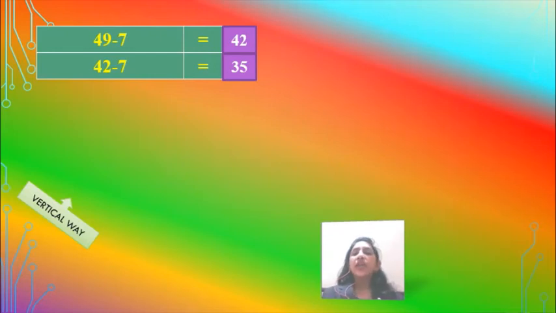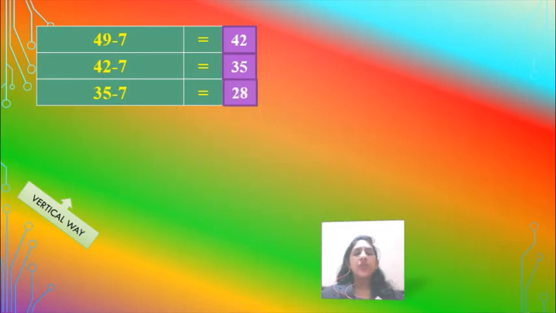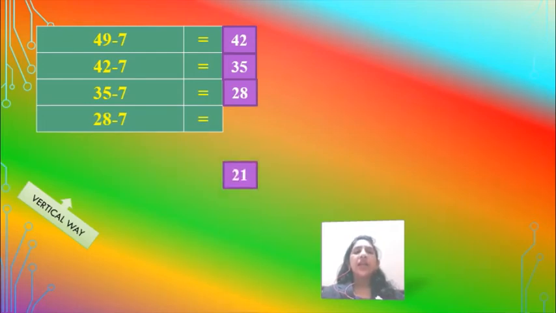Now my first step is to subtract 7 from 49, then I will be left with 42, right? This is one time subtraction of 7. Then my second time I will be subtracting 7, then I will have 35 smiley stickers left with me. I distribute another 7 of it, then I will be left with 28, and if I give away another 7 smiley stickers, then I will be left with 21.